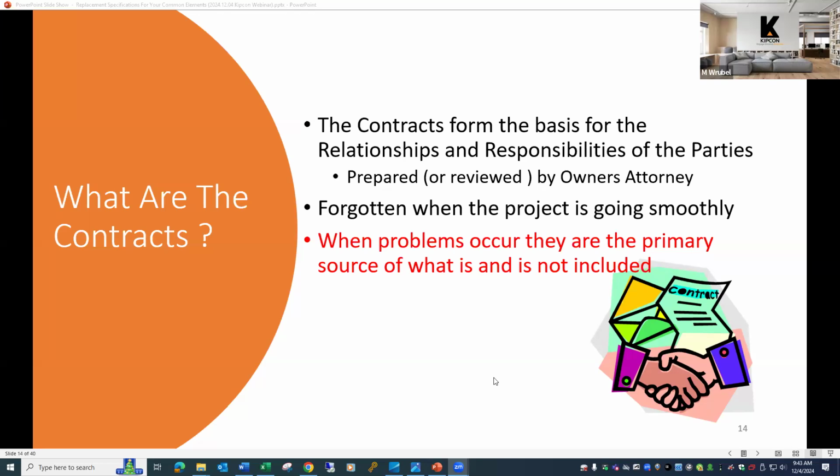When things are going very smoothly on a project, I wouldn't say nobody looks at the contract, they're aware of it, but the finer points are typically not invoked. When problems do occur, especially any kind of warranty issue or any kind of timeline for the project or materials used, the contract becomes very important, because we would refer to it to see what was agreed to.